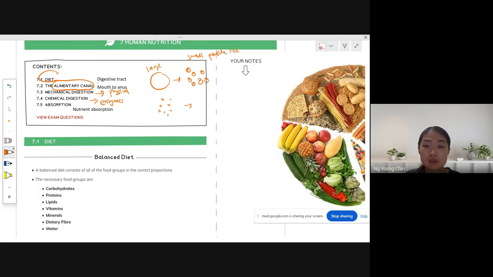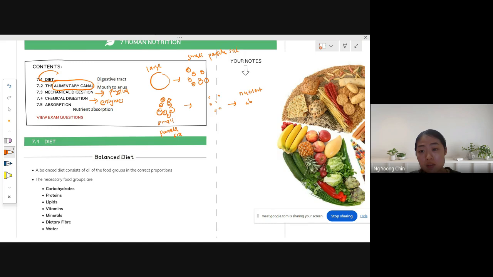However, after you undergo the chemical digestion, the chemical digestion will help to break this small particle size into the simplest form of nutrients, like this, very simple. So that it can go to nutrient absorption, meaning the simplest form of nutrients is able to be absorbed by the intestine villi.